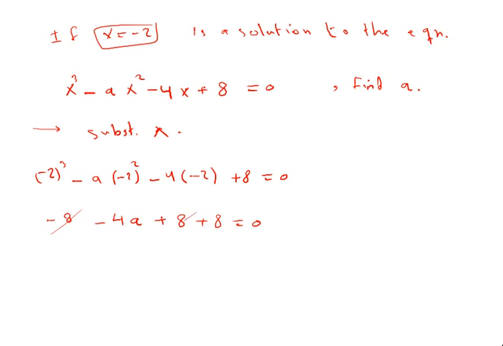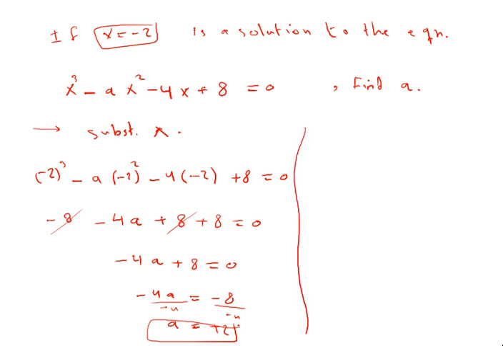Minus 8 minus 4a plus 8 equals 0, so minus 4a equals 0, then a for sure is equal to 2. So the equation is x cubed minus 2x squared minus 4x plus 8 equals 0.